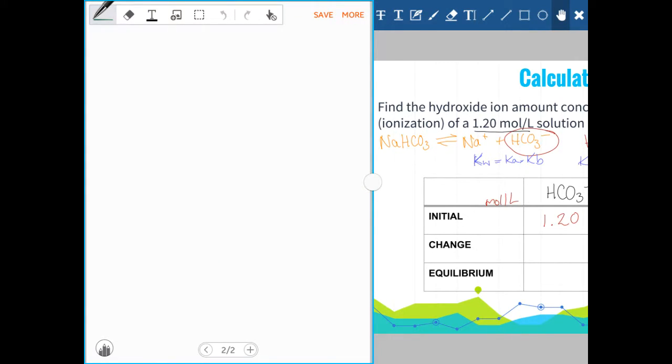Okay, so if I think about my equation where my Kb is going to equal my products over my reactants, so I'm just going to jot that down, products over reactants, so we're always on top of it.